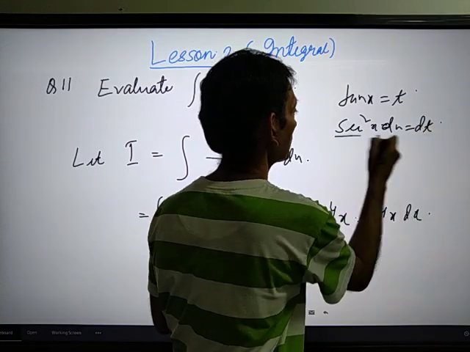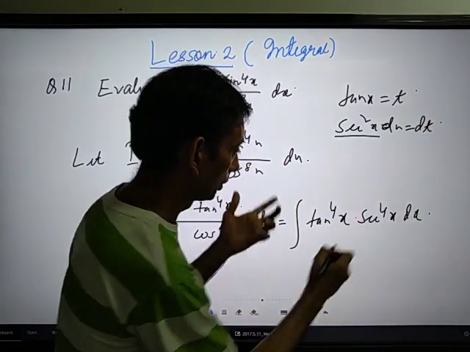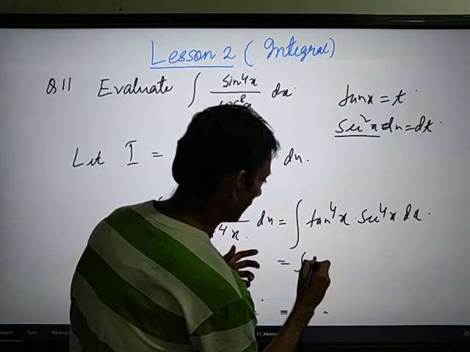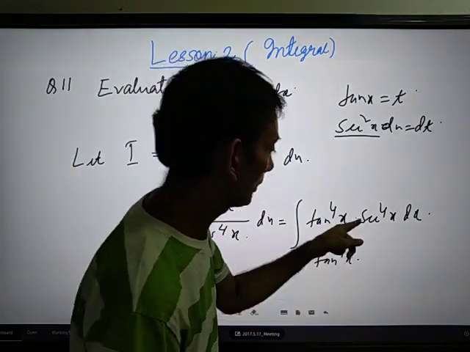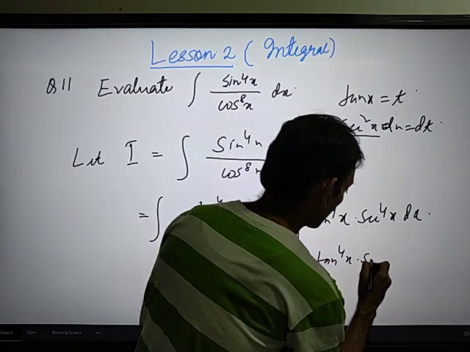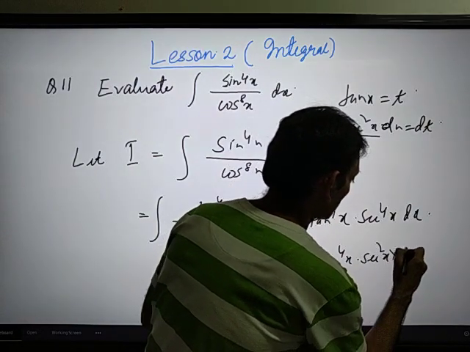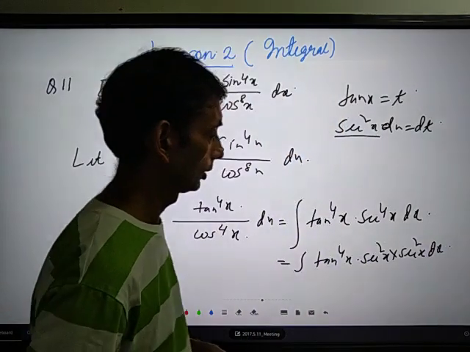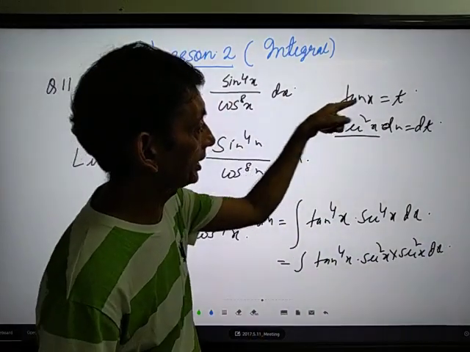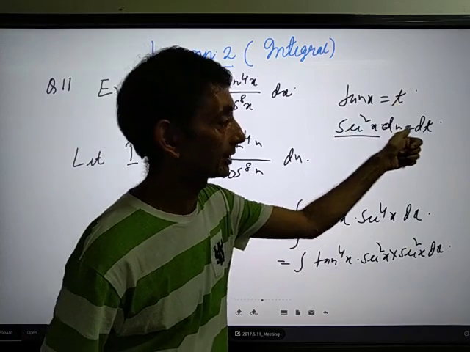So we need a sec square x. We can write tan to the power 4x, then sec square x into sec square x dx.